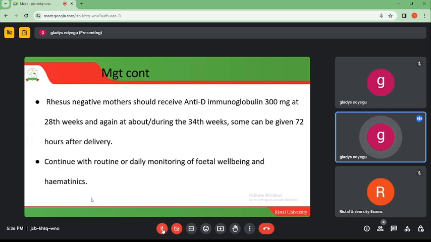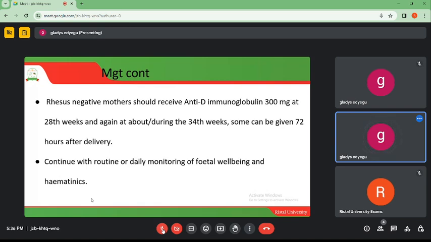The rhesus negative mothers should receive anti-D immunoglobulin, and they give them 300 micrograms at 28 weeks, and again at about or during 34 weeks, and some can be given 72 hours after delivery. That is if the mother was not identified during this period of 28 weeks and then 34 weeks, because if the mother is rhesus negative and she delivers the first baby, that baby may survive.